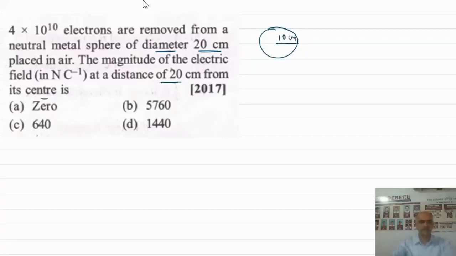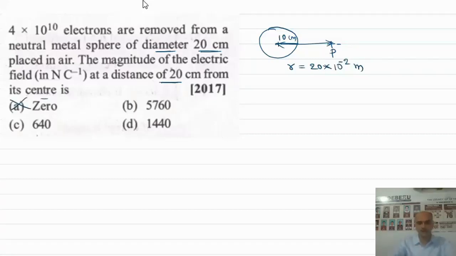You are required to find the electric field at a distance of 20 centimeters from the center, so the point is outside. This is the distance from the center. So R is equal to 20 into 10 raised to minus 2 meters. Since the point is outside the sphere, there is an electric field, it is not 0.